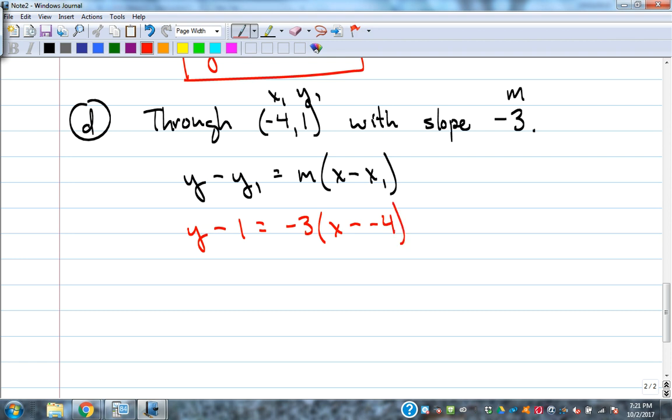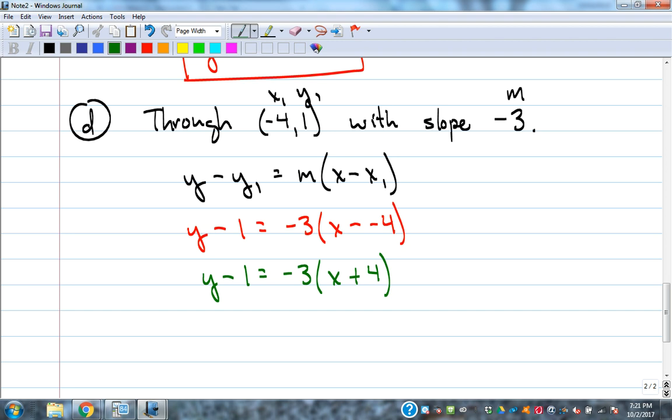And then simplify it a little bit. So y minus 1 equals negative 3 times x plus 4. Now, that's not slope-intercept form, right? That's point-slope form. What does slope-intercept form look like? What's by itself? Can I get y by itself with this problem?